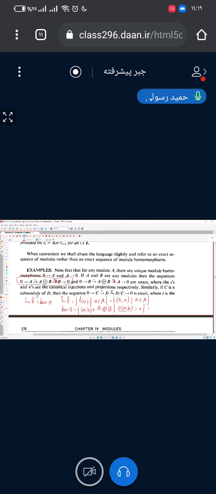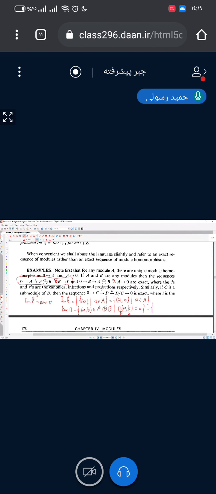So here is P of (a, b) equals 0. But P of (a, b) is b by definition, because it maps the ordered pair to the second component.